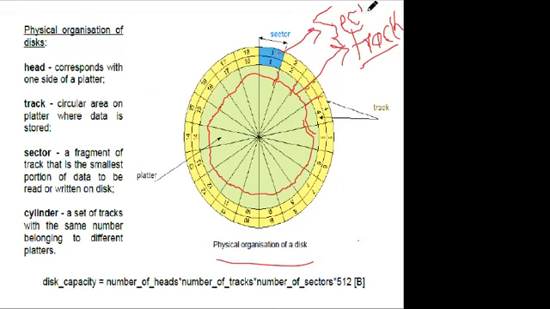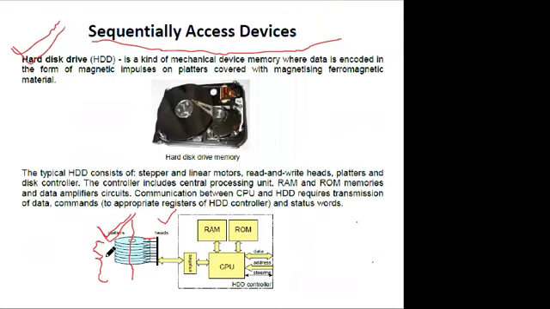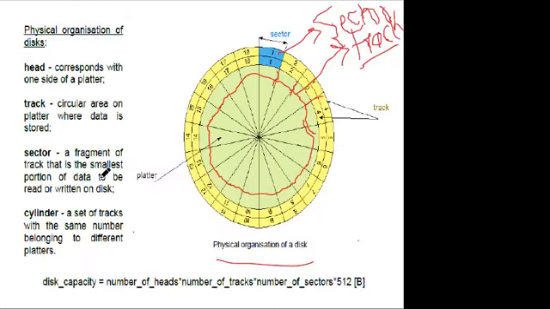So we have track, then we have sector, and as we have specified, we are using a number of cylinders, a number of platters in this cylinder, for the memory location of the hard disk drive. So the number of cylinders we need to specify.